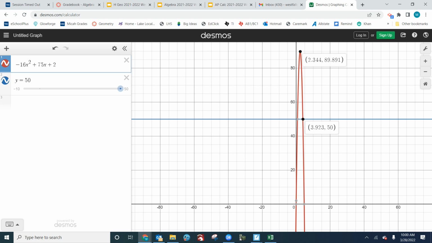Now, what am I going to click on to figure out how long it takes after it's kicked for the ball to hit the ground? How many seconds? What am I going to click on down here? One of the zeros, right? Yeah, right there. How long was that ball in the air?